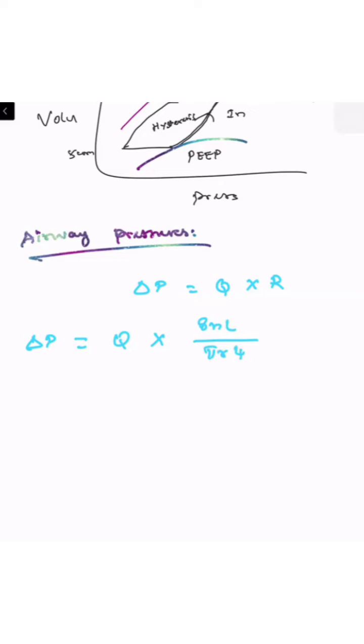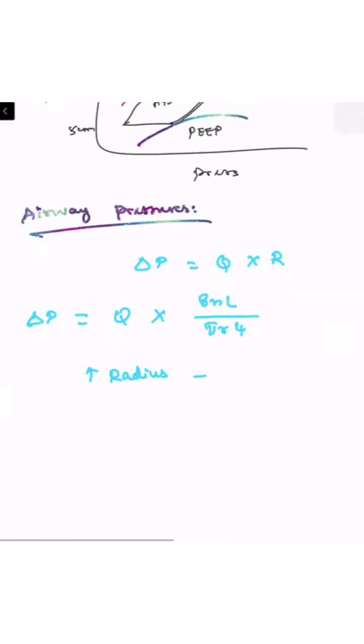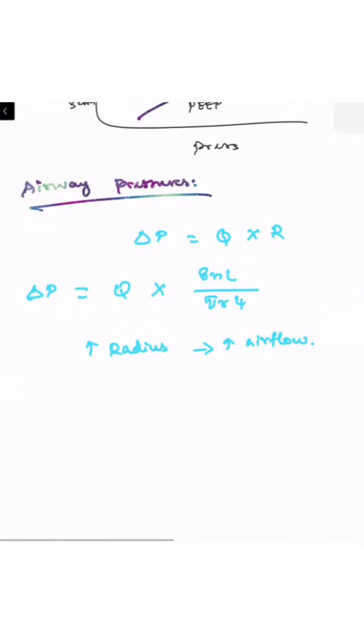So whenever there is an increase in the radius, automatically this will increase the airflow as well as it will decrease the pressure.